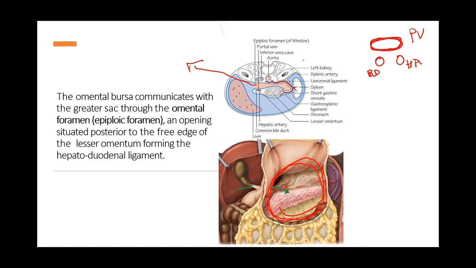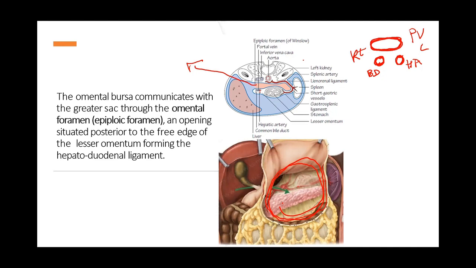You have the bile duct on the right and the hepatic artery on the left. That arrangement. And these three structures are within the hepatoduodenal ligaments in the free end of the lesser omentum, which we will see shortly.